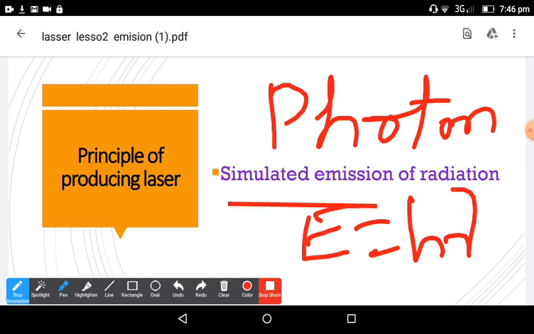I said radiation has a dual nature: it has particle nature as well as wave nature. So the photon is a small, invisible, tiny particle of radiation. When this photon strikes an atom of any substance, it is absorbed by the atom.